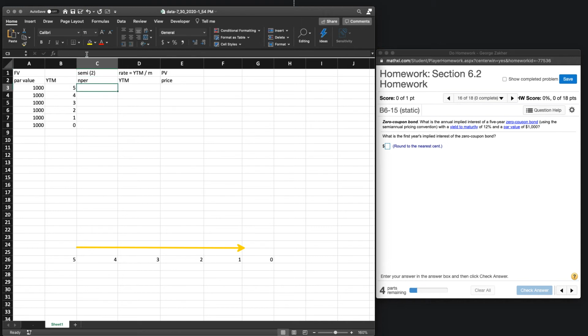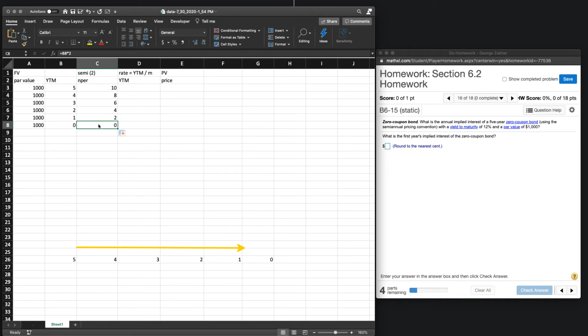So if we have 5 years to maturity, that means we have 10 periods, okay? And so forth. And eventually we'll get to 0, basically meaning that the zero coupon bond has matured.